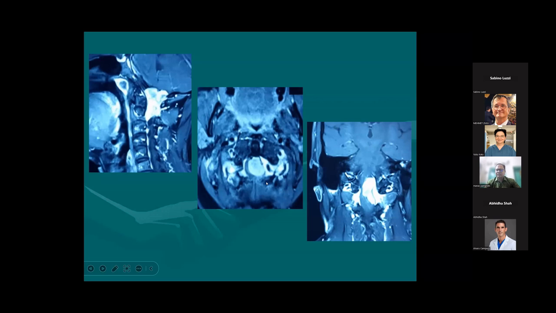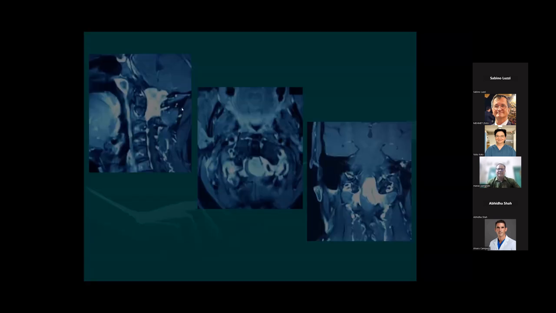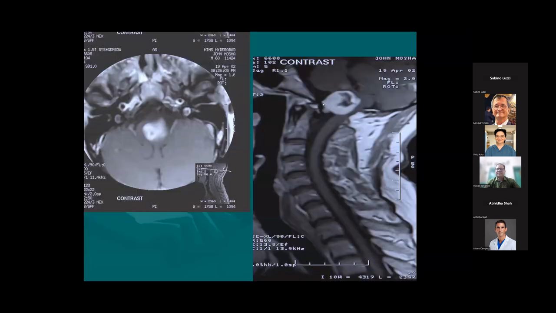Again, this can be done through a posterior approach. Like again, this case, though it is attached ventrally, the tumor is pointing in the cerebellomedullary fissure on the surface. One does a suboccipital craniectomy, one can see the tumor surface without any retraction of the brain stem, and these tumors can be done through the posterior approach.